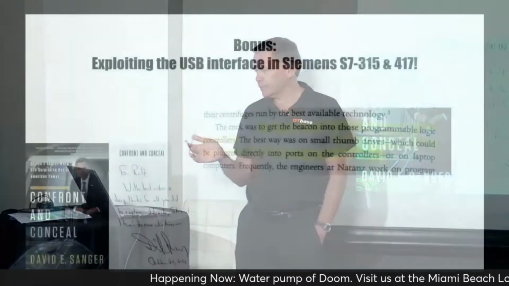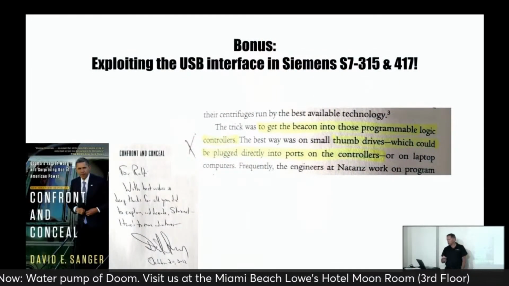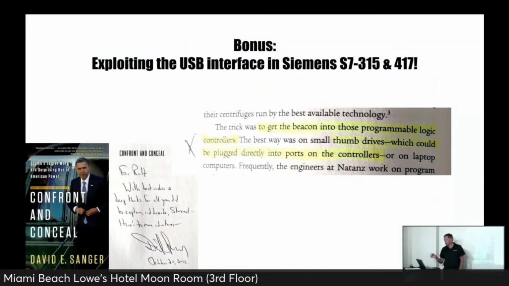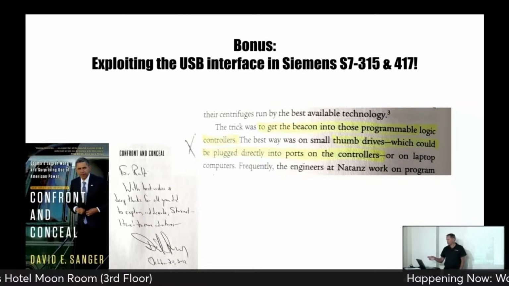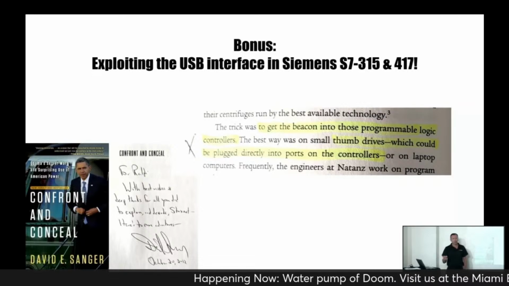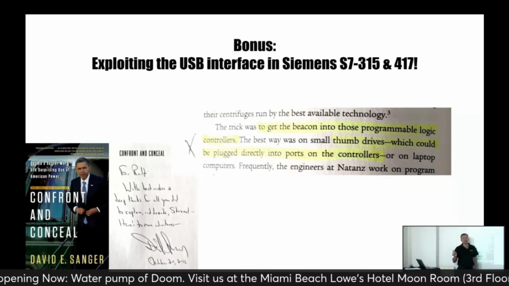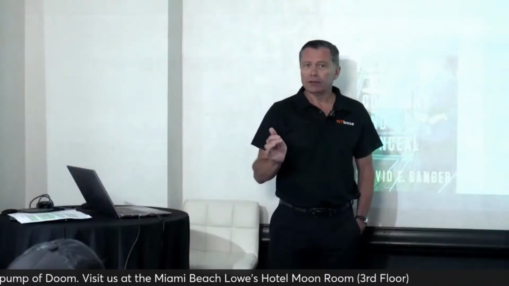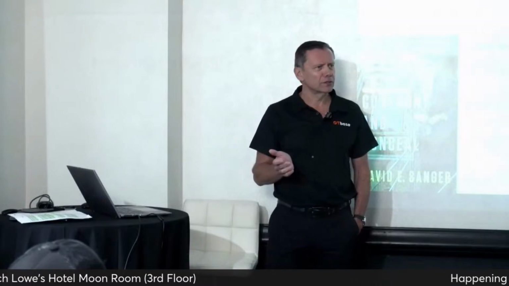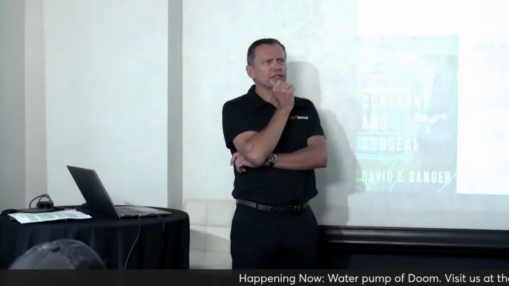The trick was to get the beacon, and in Sanger's parlance, that's part of Stuxnet, into those programmable logic controllers. The best way was on small thumb drives, which could be plugged directly into ports on the controllers. And he's referring to Siemens S7 and Siemens S7 350. Now, guess what? These controllers don't have USB ports.